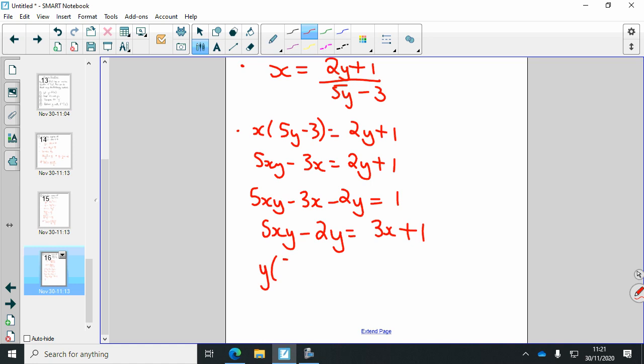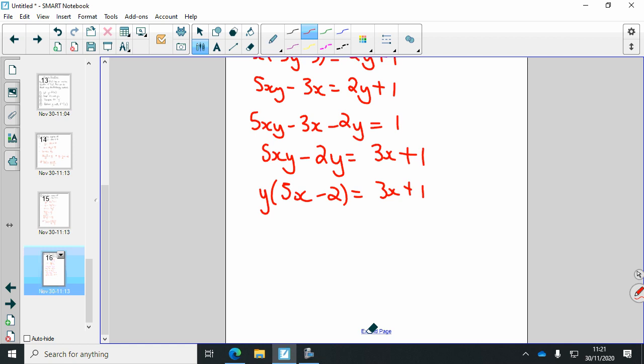So take out the y, which becomes y bracket 5x minus 2 equals 3x plus 1. And then finally divide through by this bracket on the right-hand side to say 3x plus 1 over 5x minus 2. And now you've got the y by itself. Okay, now that is the inverse function.